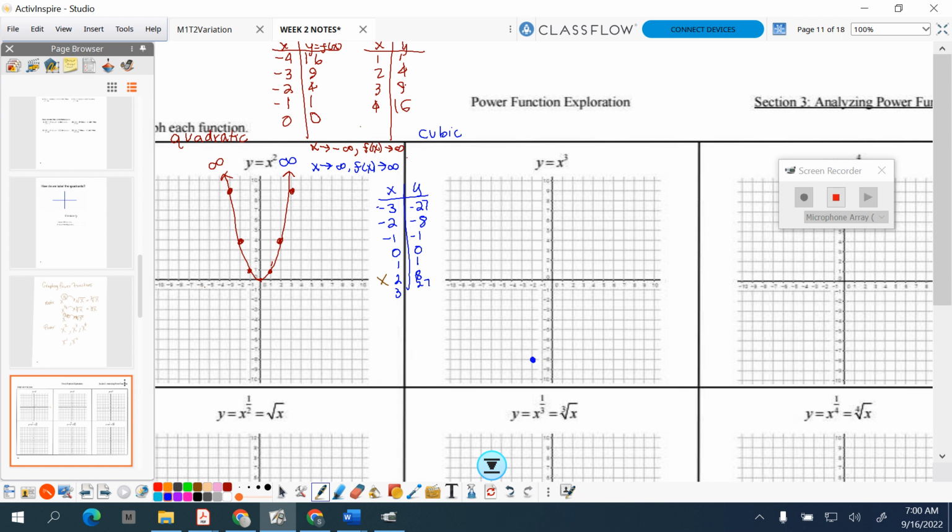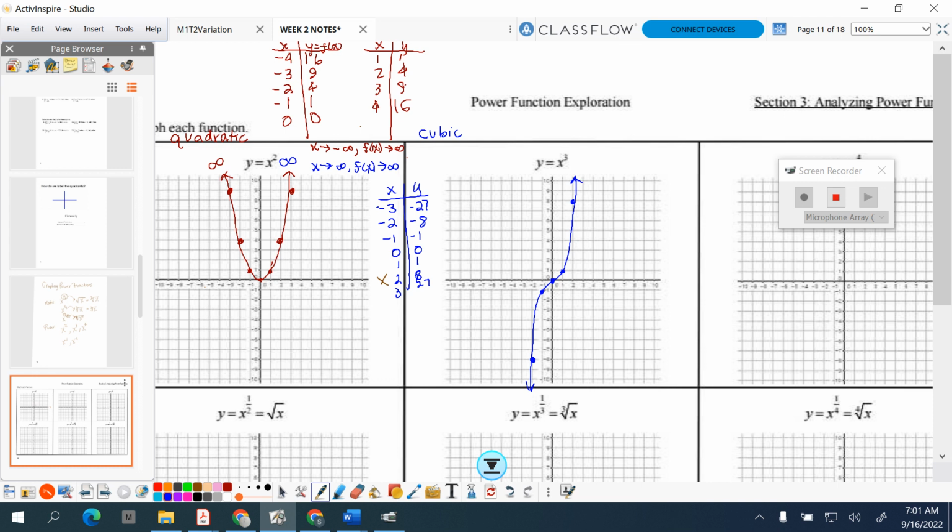And I can grab that. So I'll go for negative 1, left 1, down 1. And then I have 0, 0. And I go right 1, up 1. And I go right 2 and up 8. And I can grab my curve.